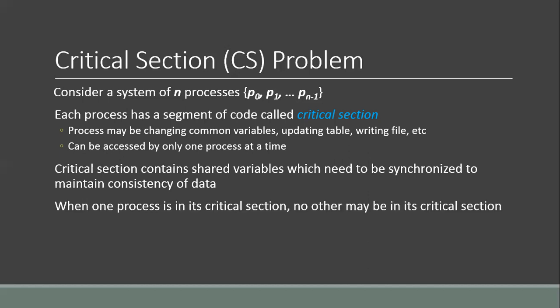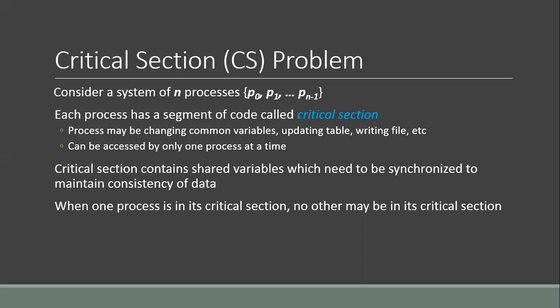When one process is in its critical section, no other process should be in its critical section, because every process in this given set has a critical section. While a process is executing in its critical section, the other processes should not be allowed to execute in their critical sections.